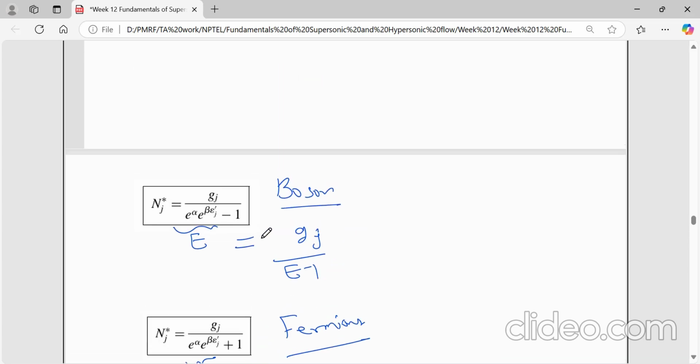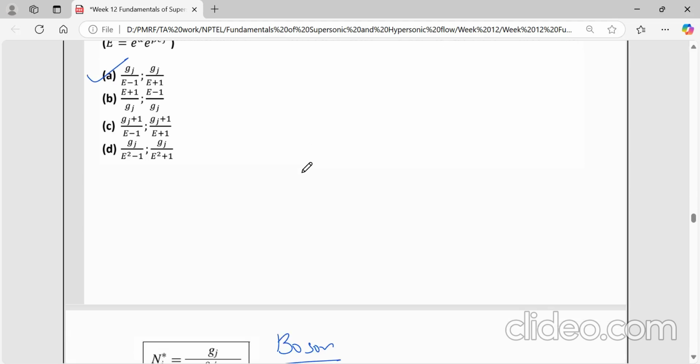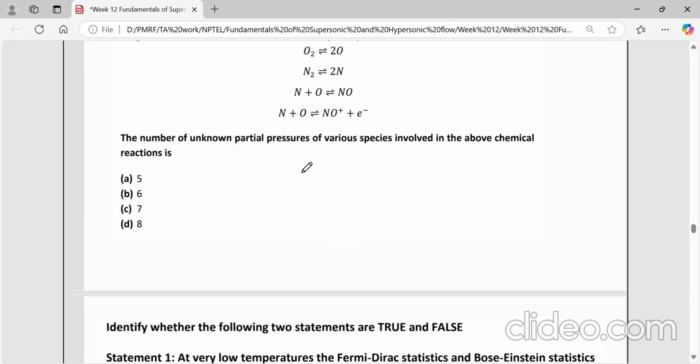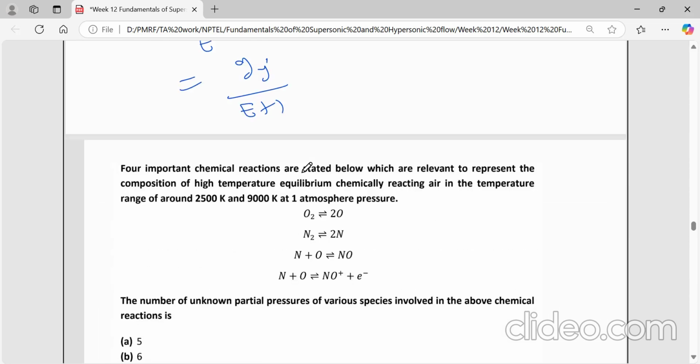So which option will be the correct option? It will be option A, Gj upon E minus 1 for bosons and Gj upon E plus 1 for fermions. Now we will see the next problem.